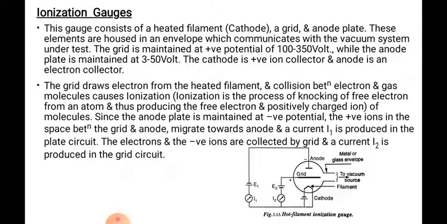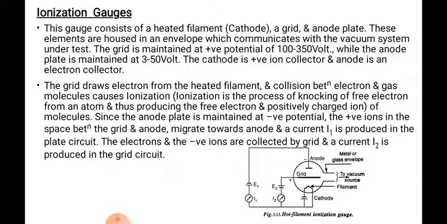The grid is maintained at a positive potential of 100 to 350 volt, while the anode plate is maintained at 3 to 50 volt.